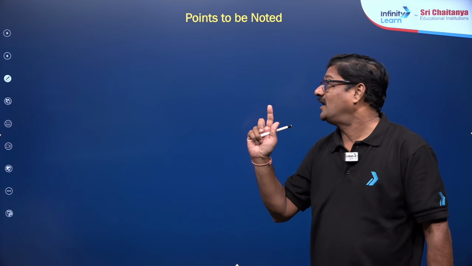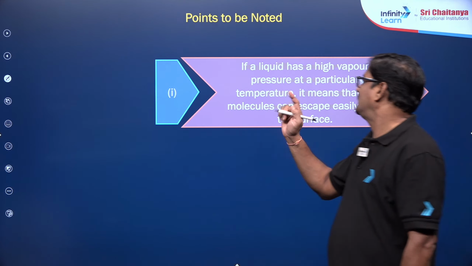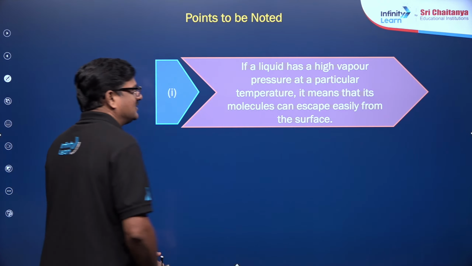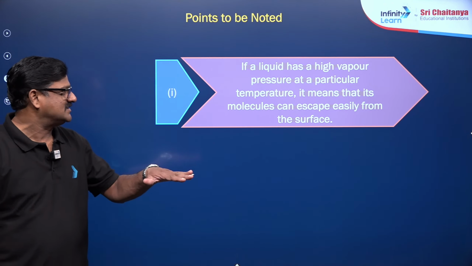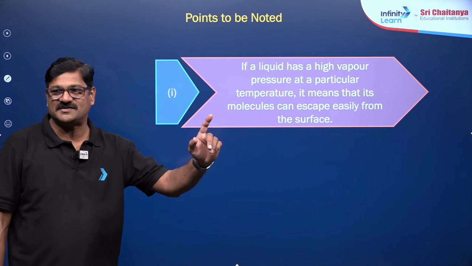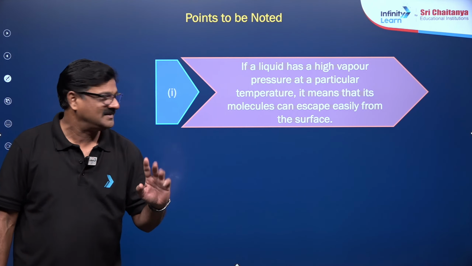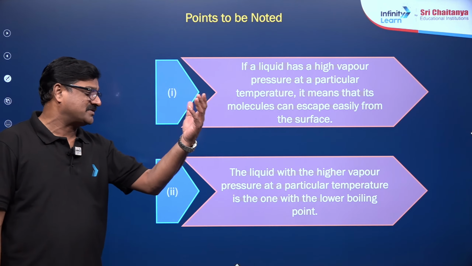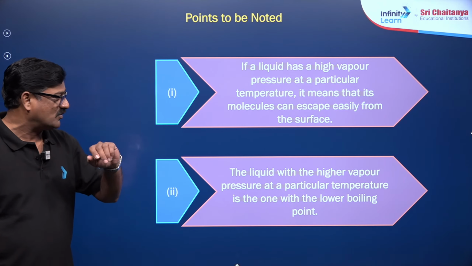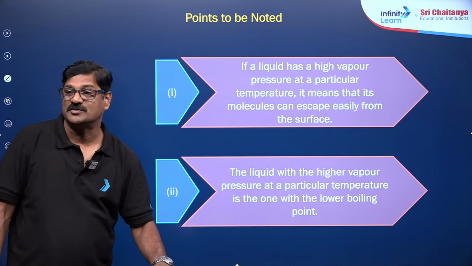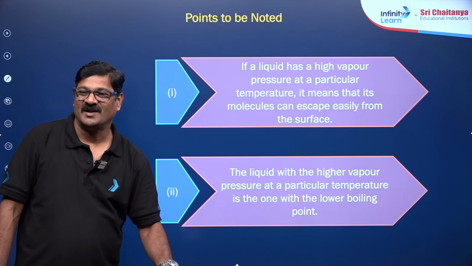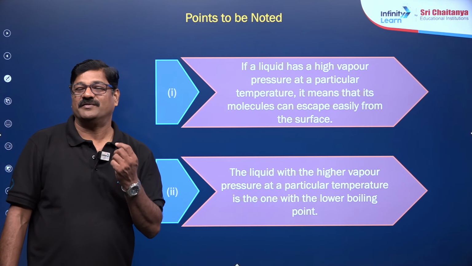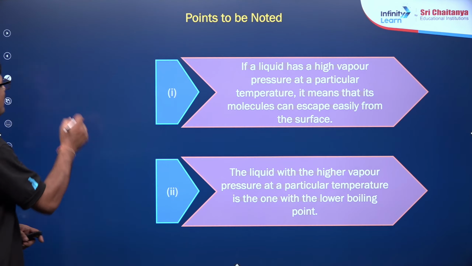Now you can see, if a liquid has a high vapor pressure at a particular temperature, it means its molecules can escape easily from the surface. Also, a liquid with a high vapor pressure at a particular temperature is the one with the lower boiling point.